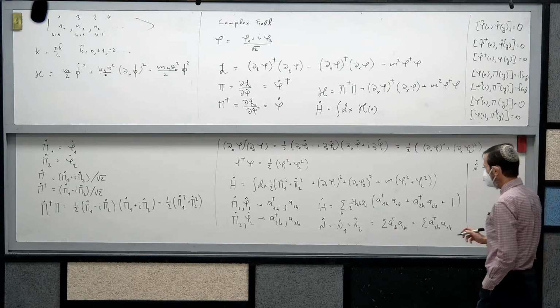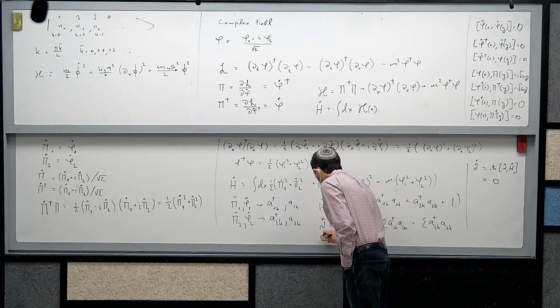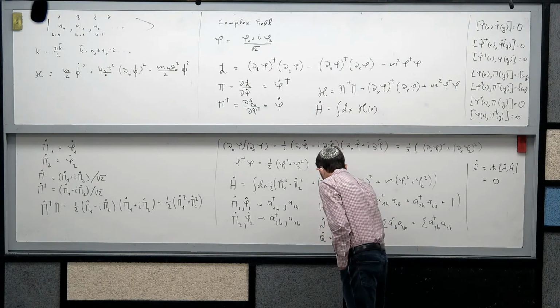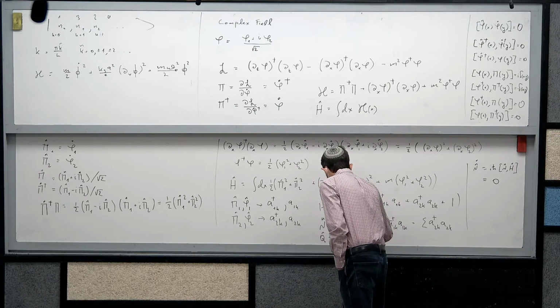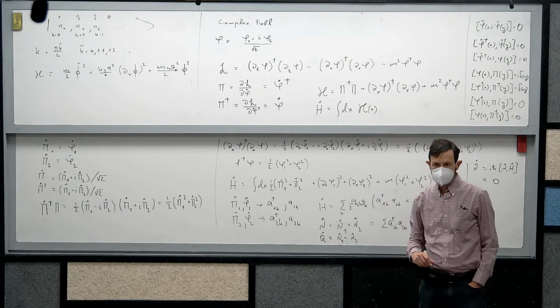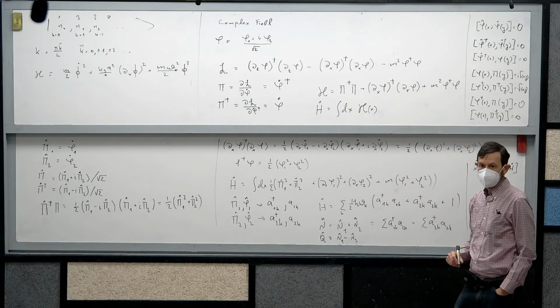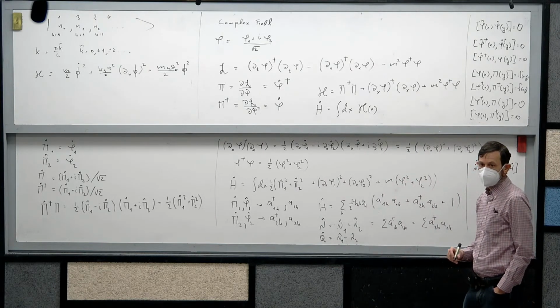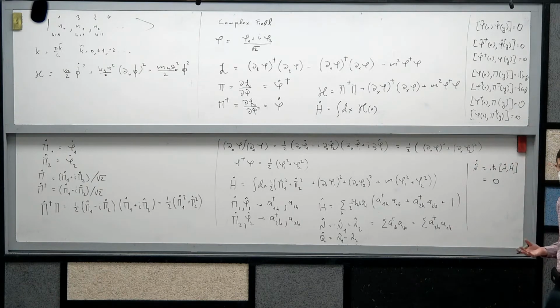Not surprising, I can define an additional quantity, Q. Will that be conserved? No reason it shouldn't.